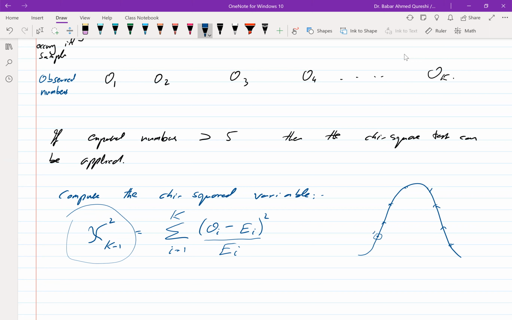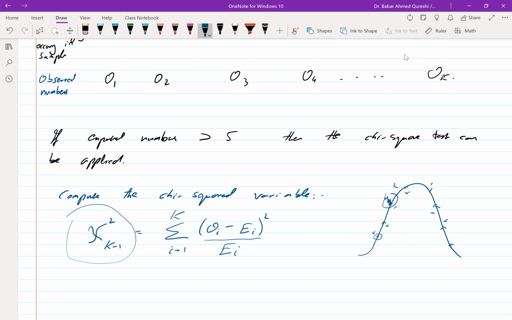But if they are slightly above or below, it doesn't matter which, you're computing their difference and squaring it over here. And you collect all those squares of differences to compute an overall chi-square variable.